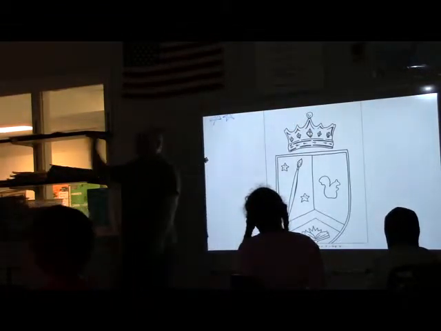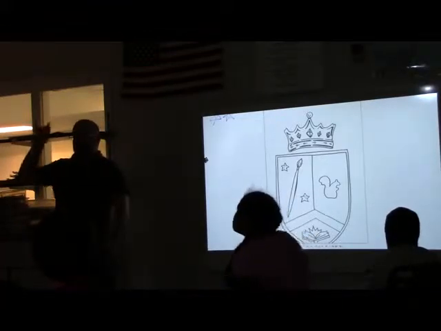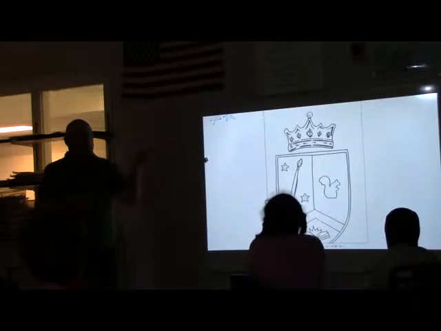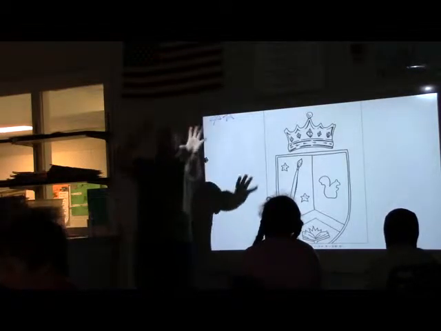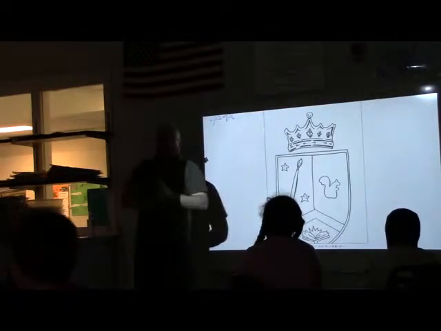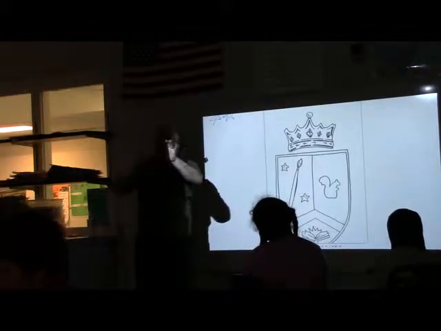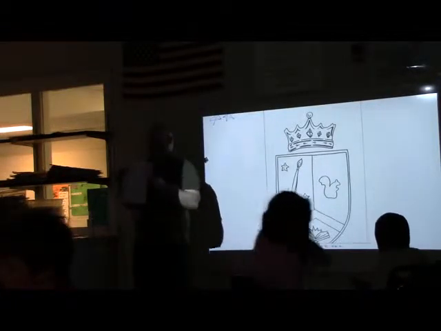So, first step. You're going to pick one of the 4 shield designs that I put up. Okay? Second step, you're going to put some symbols in your shield. If you picked one that just had the big line with 2 big spots, does that mean you can only have 2 symbols? No. If you want to put a bunch of symbols, you can. Also, up top, there are some symbols on top of your shield paper.